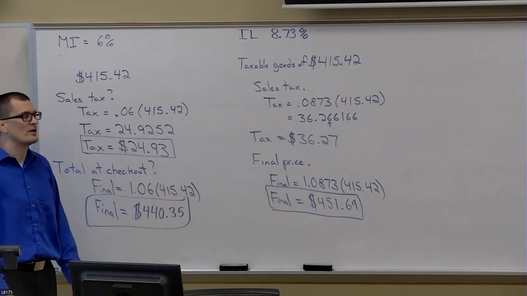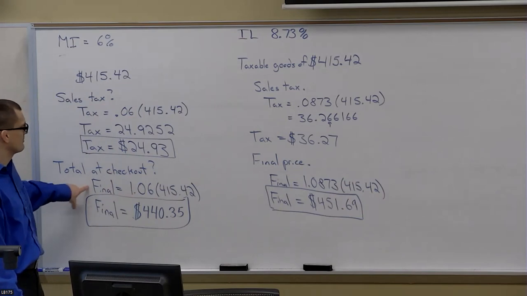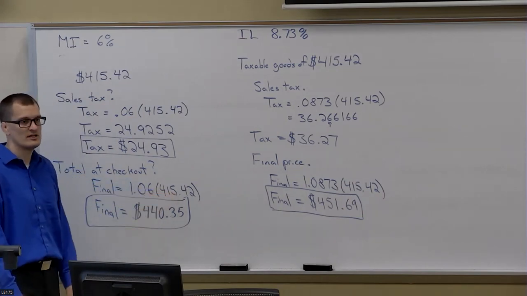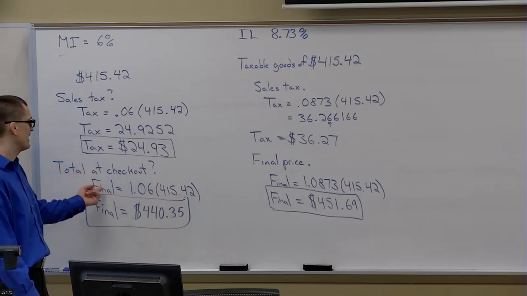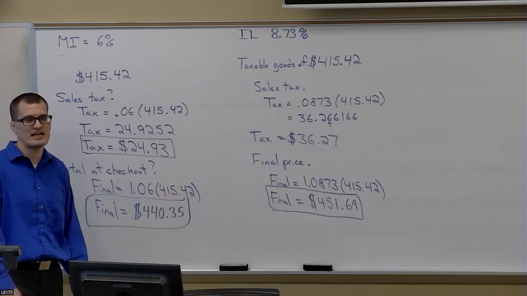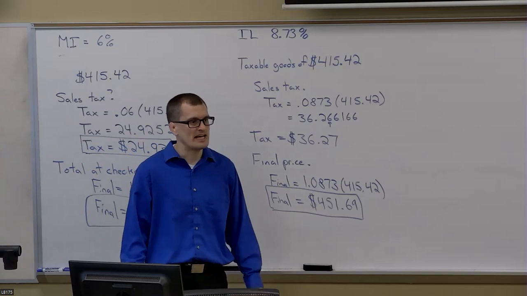But we can also use this same equation of the end amount is equal to rate times the original to say, well, if I paid a certain final price, what was the original price? We'll do that calculation too. All right, so that's next time.